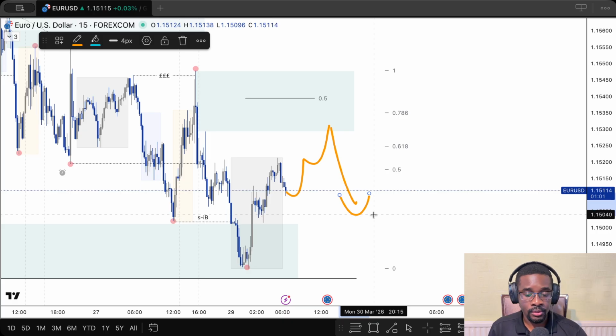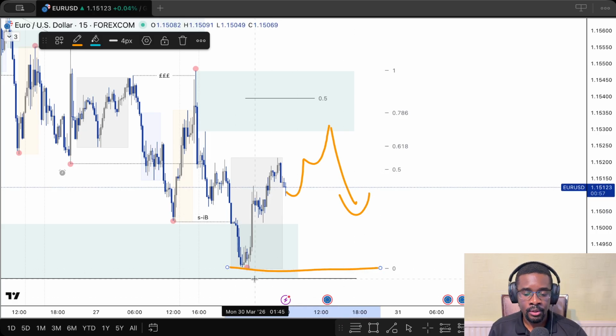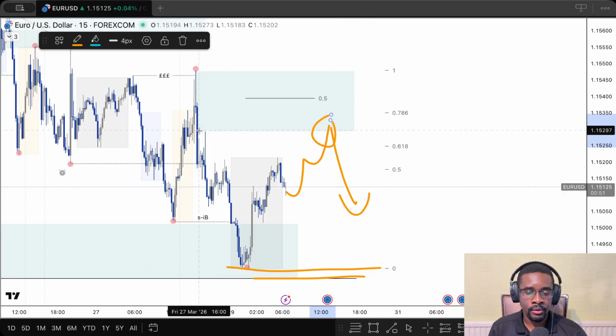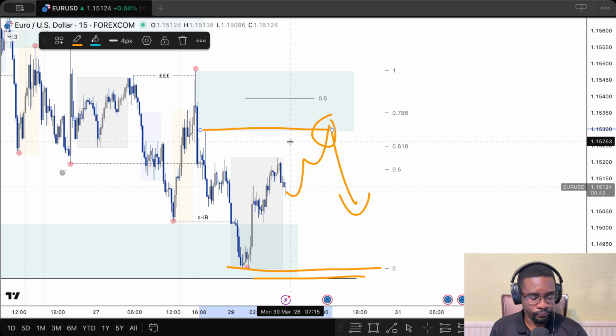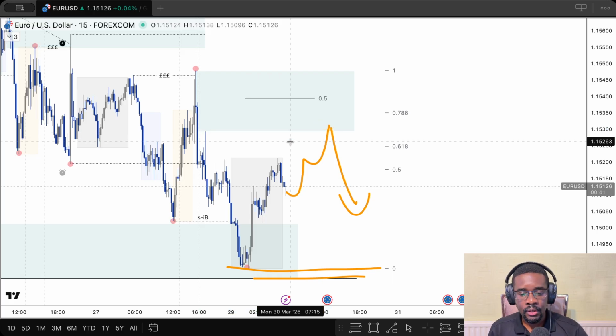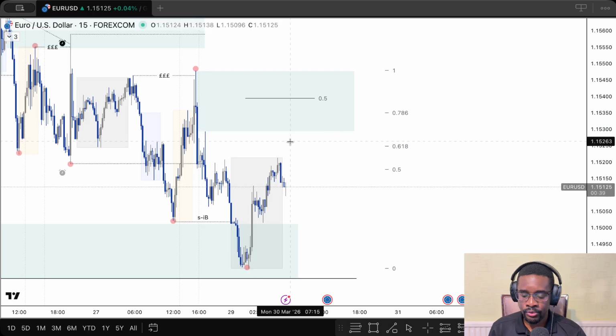So shorts is the way to go right now. High probability, targeting this low, targeting this zone as well. So once price mitigates this area, maybe after sweeping this, then could be looking for shorts, and those should be high probability shorts. Okay, so that's the trade idea for the Euro USD.